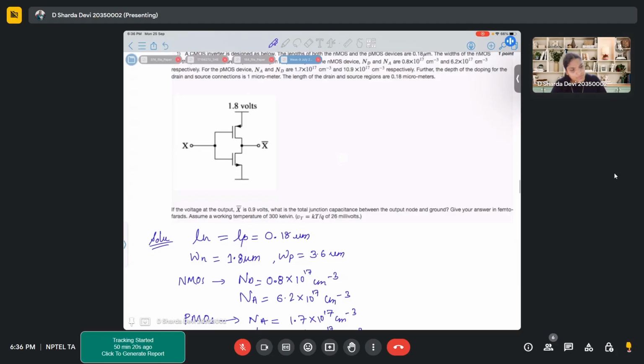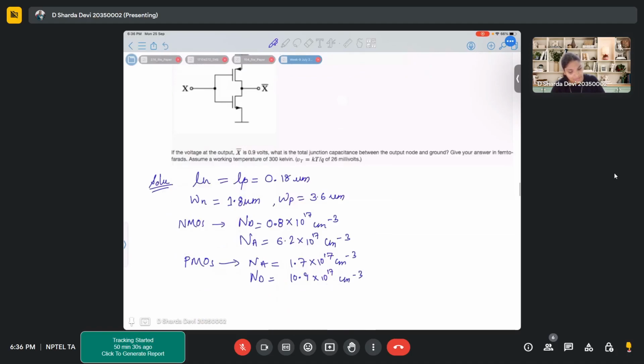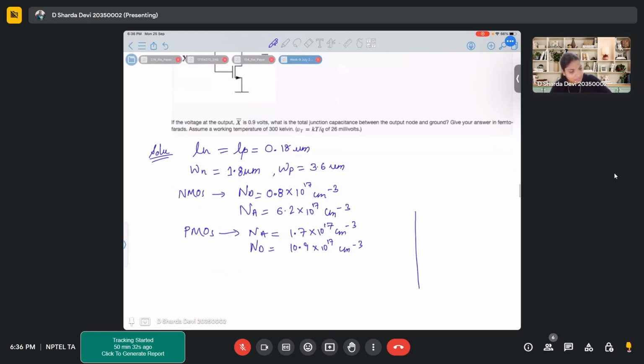Further, the depth of the doping for source and drain are 1 micrometer in both of them, and the length. So what they are talking about is this depth and this length.